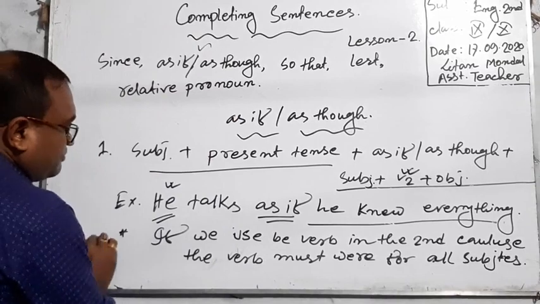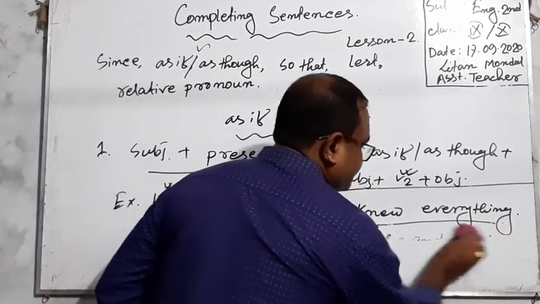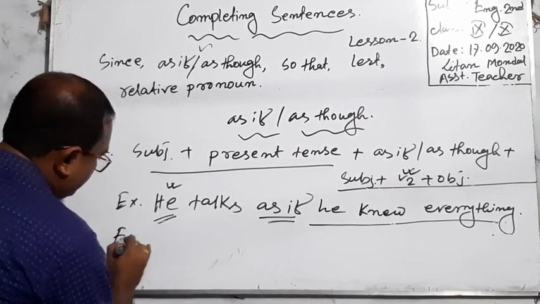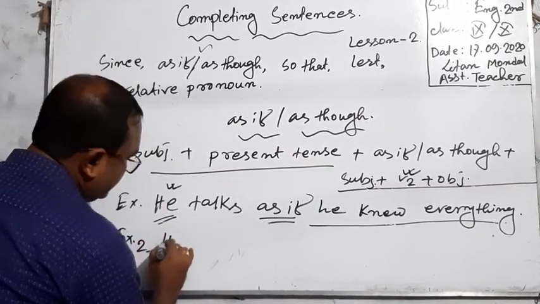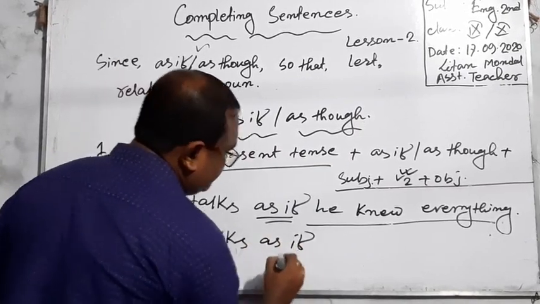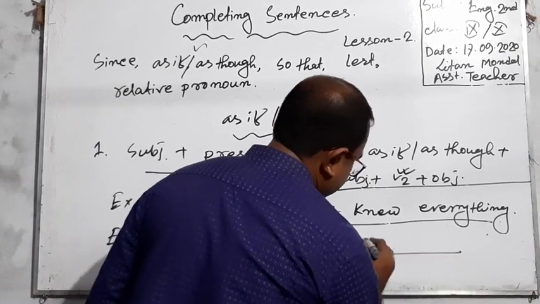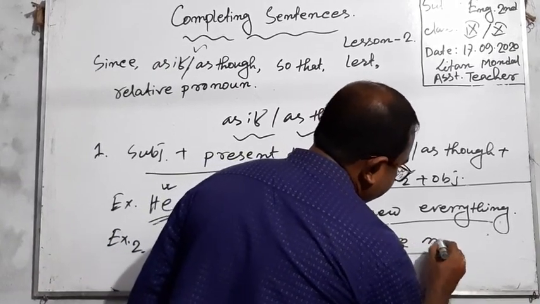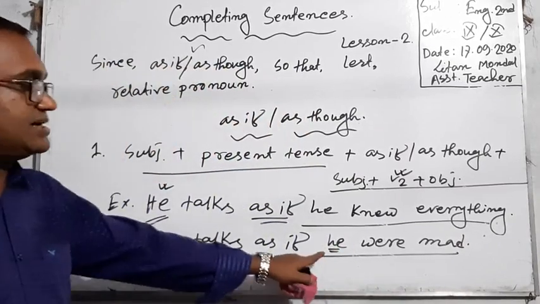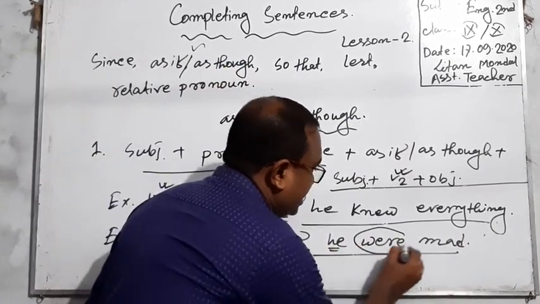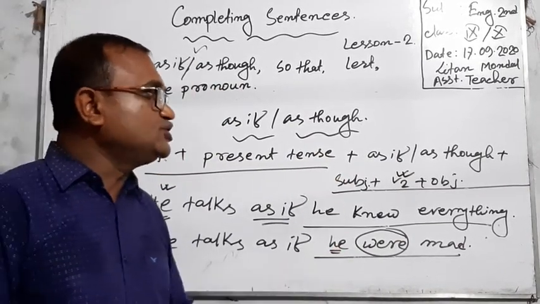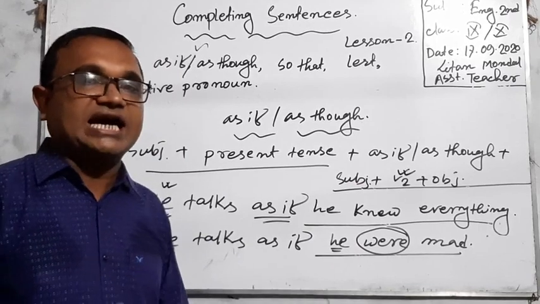For example, we can take example 2 for the first structure. He talks as if he were mad. Look, he is a singular subject here, but I have used were because of the condition of as if, because of the unusual treatment of as if and as though.